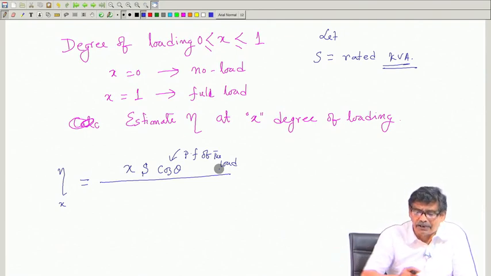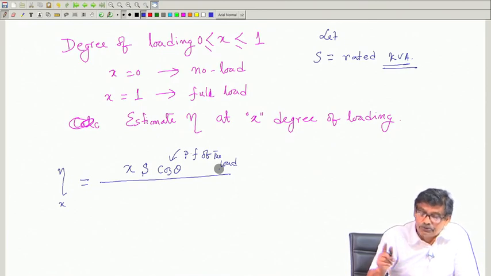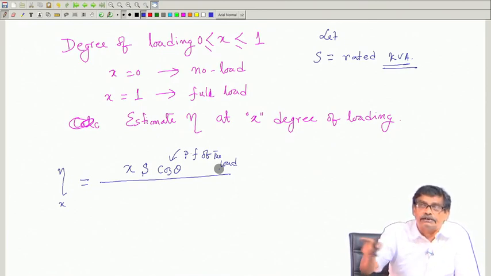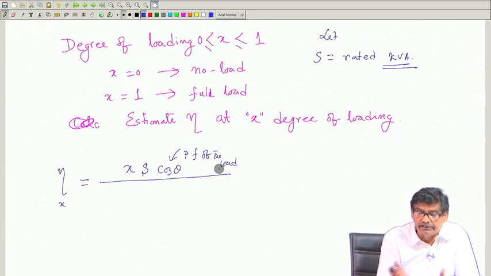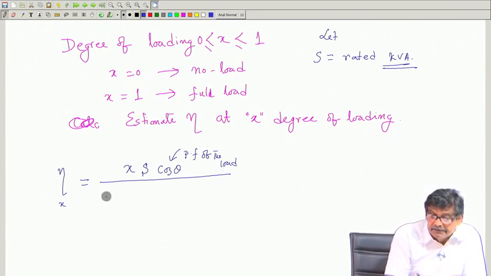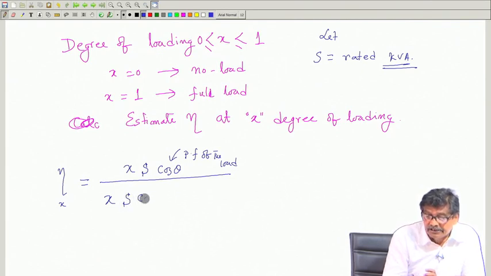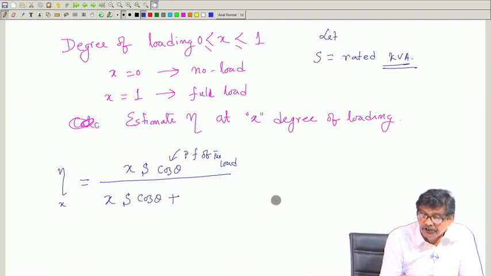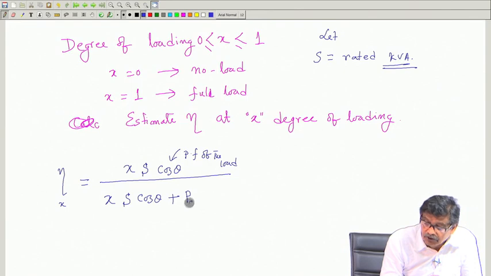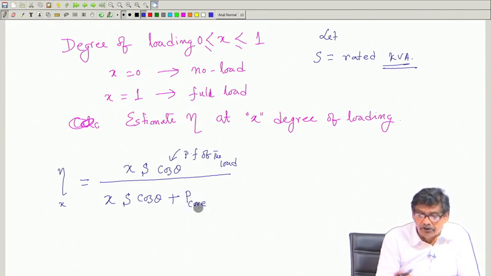Suppose the transformer is supplying x times rated kVA to a load having a power factor of cos theta on the secondary side. So, this is the output, divided by x into S into cos theta, the output, plus the losses, of which two are there. P core remains constant, it does not depend upon the degree of loading, no matter whether it is 50% loaded or 100% loaded, P core remains the same.